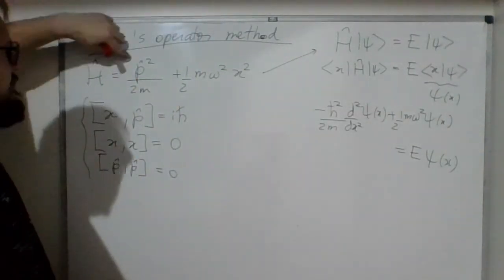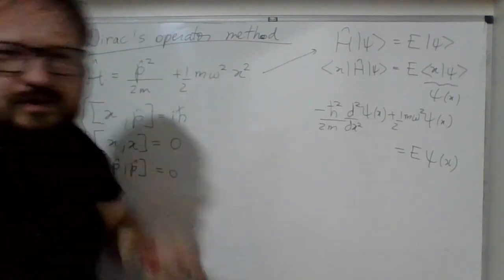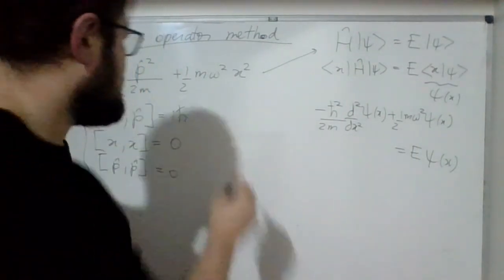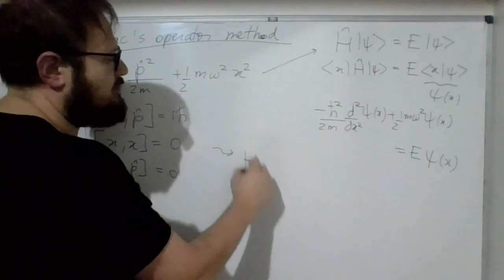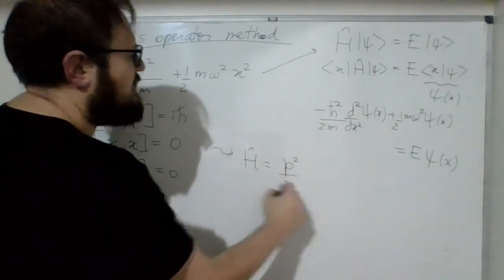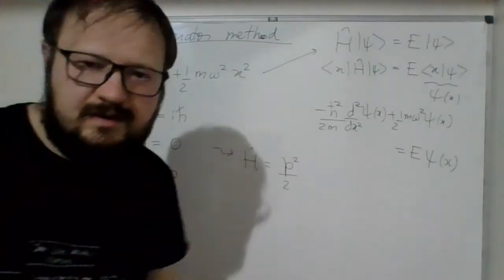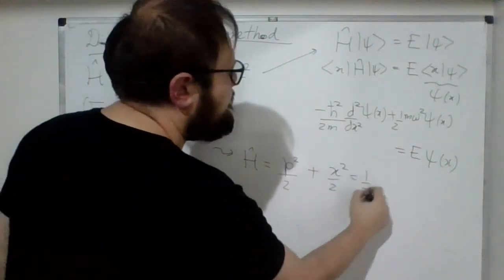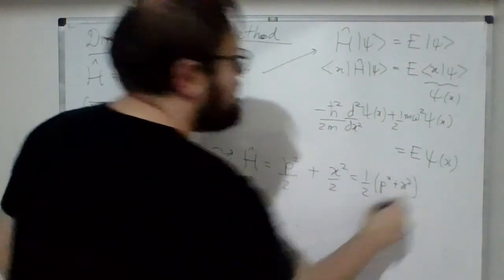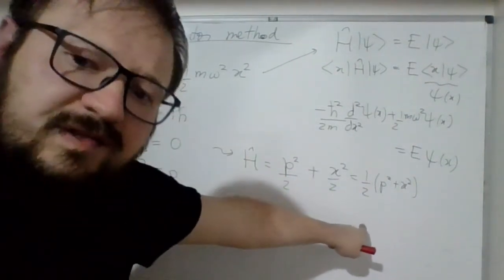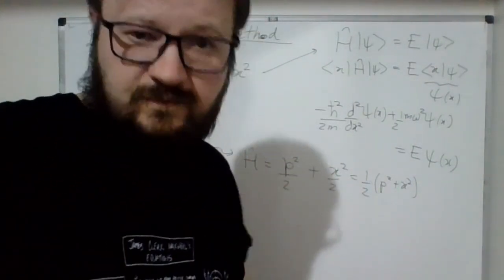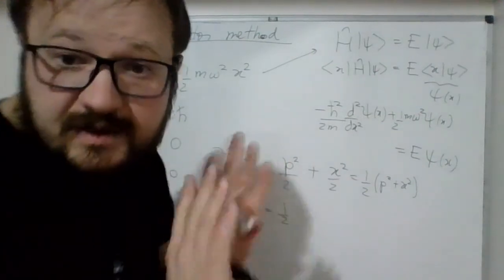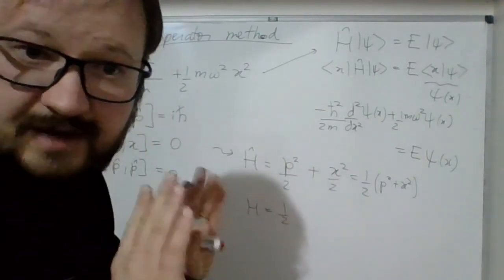But look at the following form here. If you just make m and omega equal to 1, or you renormalize the constants, the form of the Hamiltonian would be p squared divided by 2, properly normalized, plus x squared divided by 2. So 1/2 of p squared plus x squared. If they were just classical functions, they could be written in the following way, and the order doesn't matter because in the classical world, that doesn't matter.